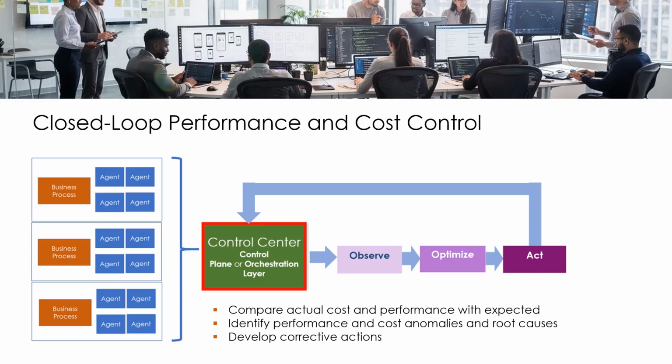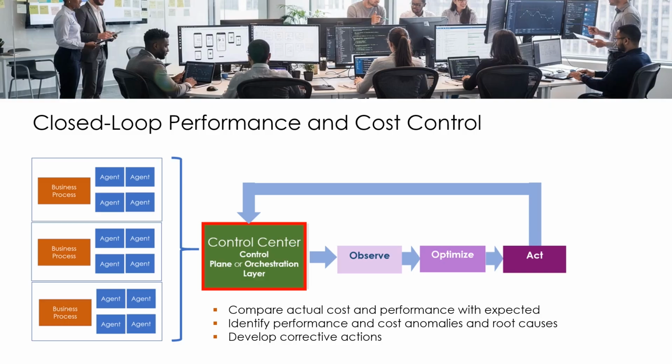To conclude, agentic AI is moving rapidly into production, and it is reshaping enterprise workflows. But it also introduces a fundamentally new challenge. Cost and performance become nonlinear and unpredictable as agents scale.